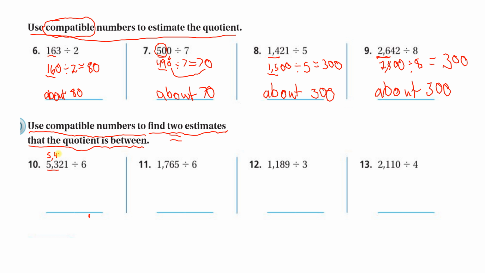So that's going to be my high estimate, 5,400 divided by 6. And my low estimate, well, I'm going to take 6 away from 54 to get the number right before, which would be 6 times 8. The closest number would be 4,800, would be my low estimate for my compatible numbers. Okay, so again, really I'm just using the multiples of 6 to find my compatible numbers.